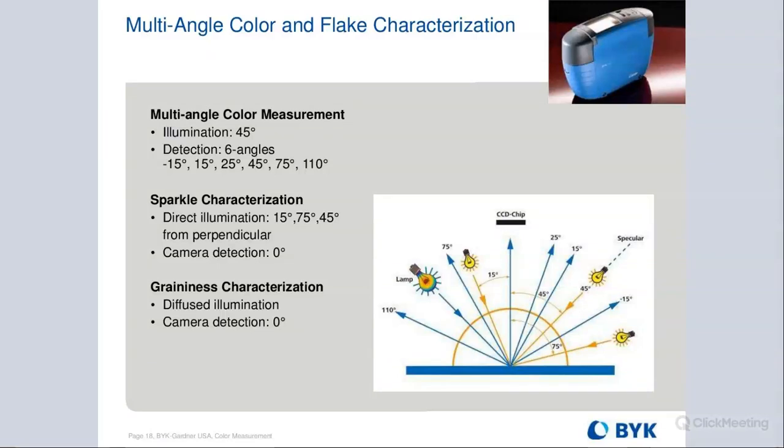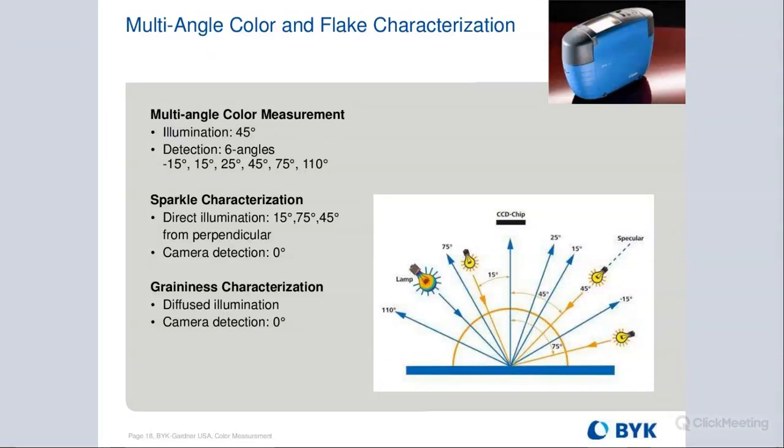It also includes sparkle characterization. There are 3 different illumination angles for direct illumination that gets cast over your sample or whatever part you're measuring, and that's able to pick up your sparkle at these different angles. And then lastly, we have our graininess characterization.